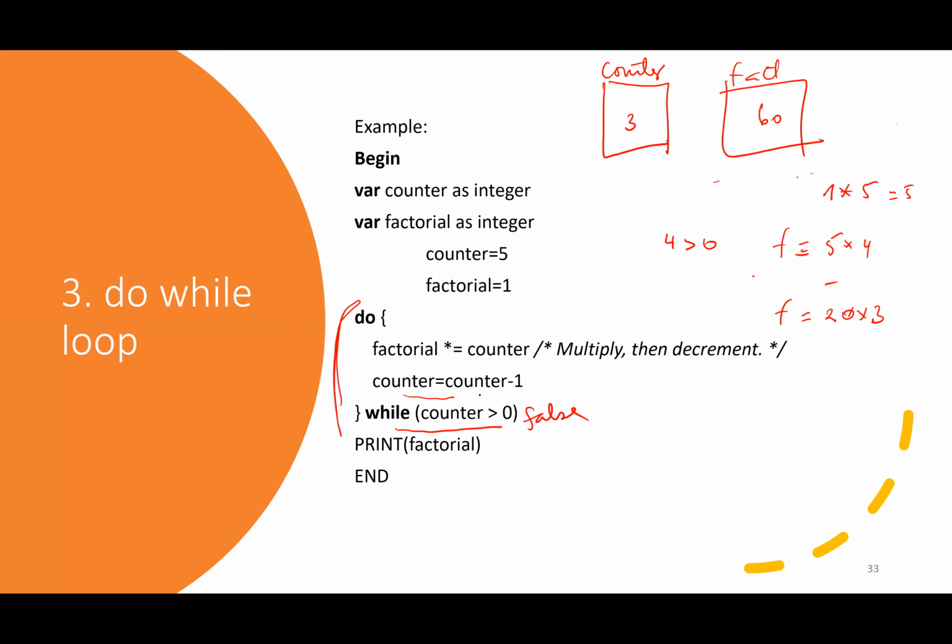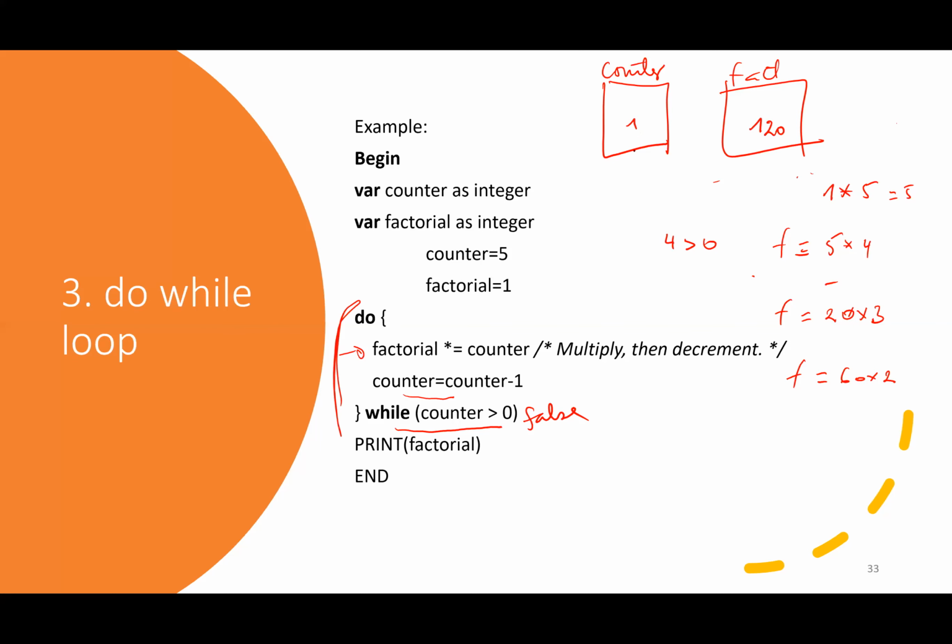Now we decrease counter by 1. Now counter is 2. We check the condition. Is 2 greater than 0? Yes. We come back on this line. Then factorial is going to be 60 times 2. Now factorial is going to store 120.